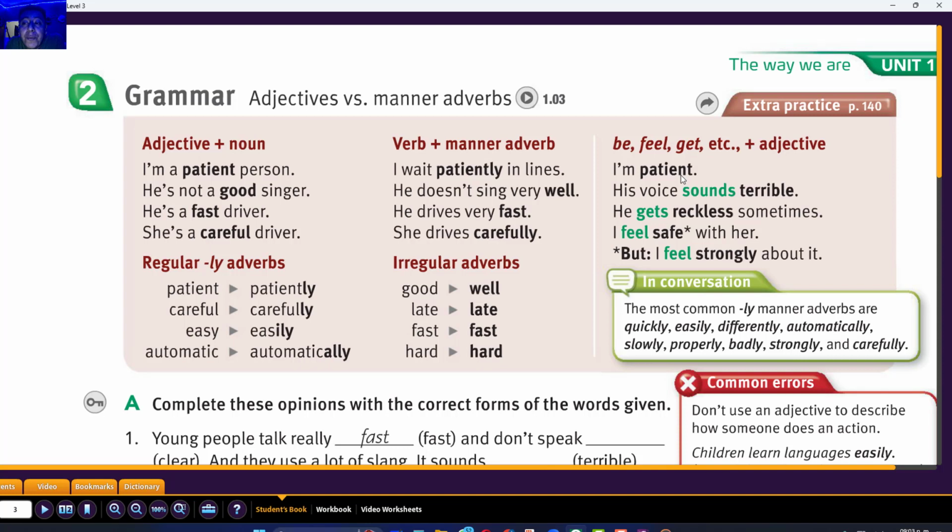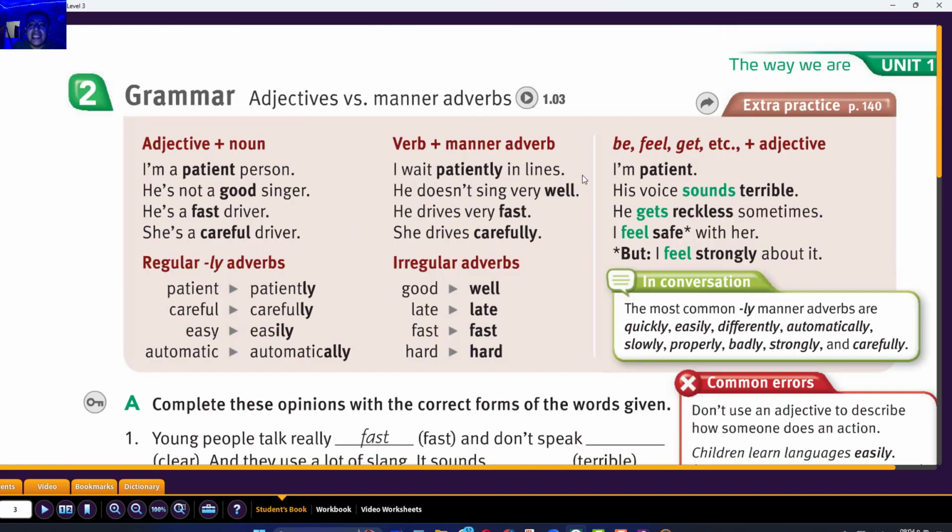Terribly, sorry. But if we want to give our opinion, his voice is terrible. His voice sounds terrible. He gets reckless. He gets angry. He gets sad, right? I feel safe. With feel, we don't use the adverbs for some examples, right? And I feel strongly is about when you have a decision, a strong decision about something. Okay?